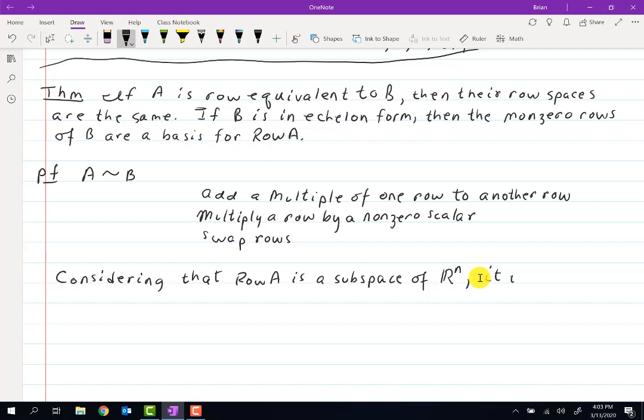Let me call these 1 and 2. It is closed under 1 and 2. For 3, that's no big deal. Just swapping vectors in a basis doesn't change anything.